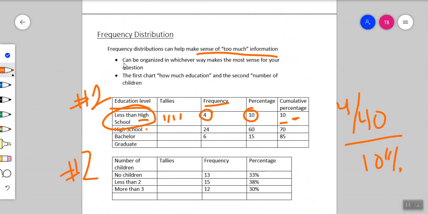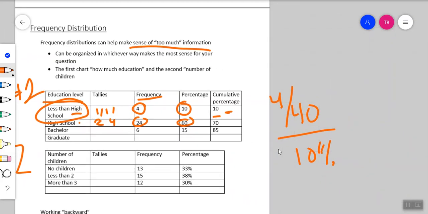So I counted 24 tallies, and your frequency is 24, because that's the number of times it happened. Same thing as before, it's 60%. That would simply be done by, if you have your calculator, you could use your phone or Google calculator, 24 divided by 40 equals 60%.